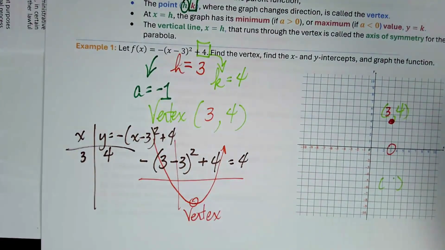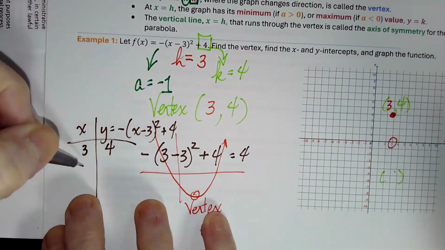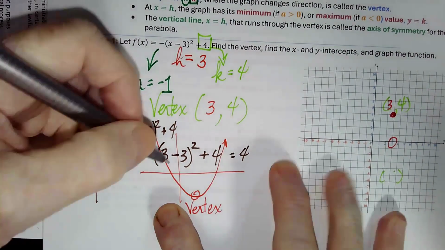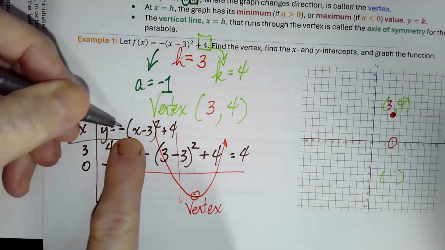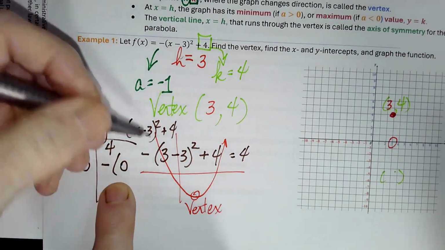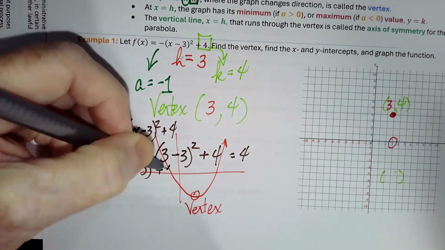So hey, that's cool. Let's see what we get if we plug in 0. Everywhere that there's an x, I'm going to plug in a 0. So 0 minus 3 all squared plus 4.